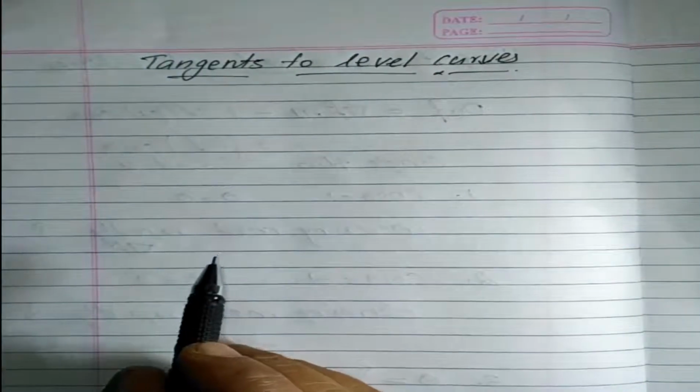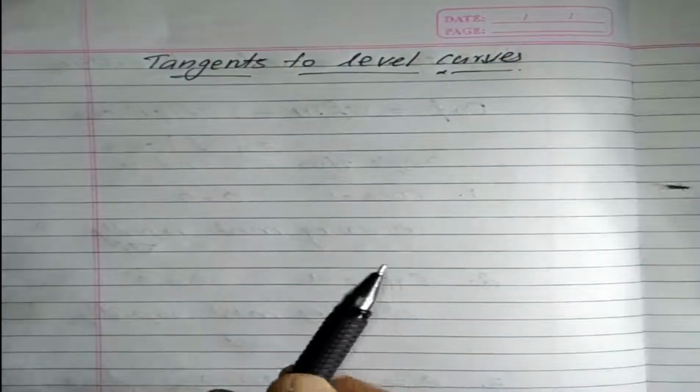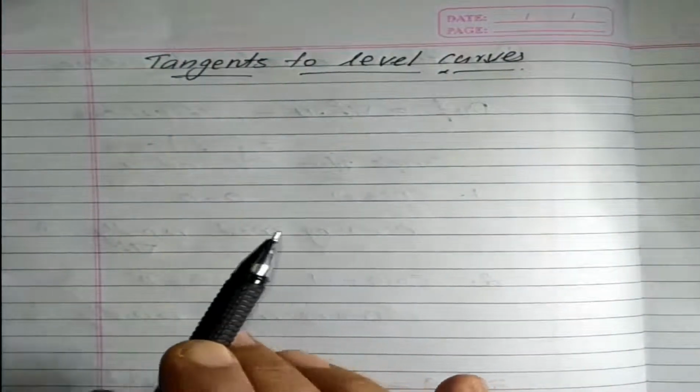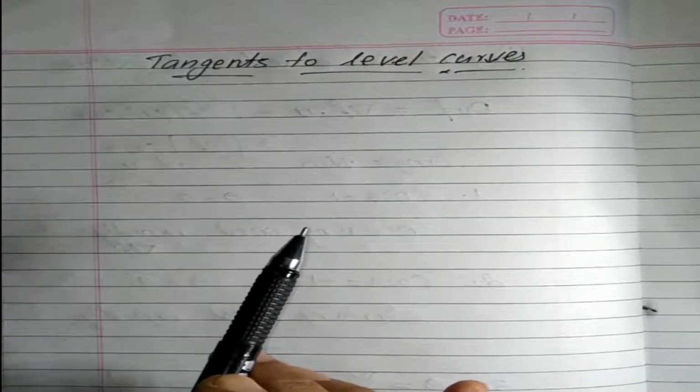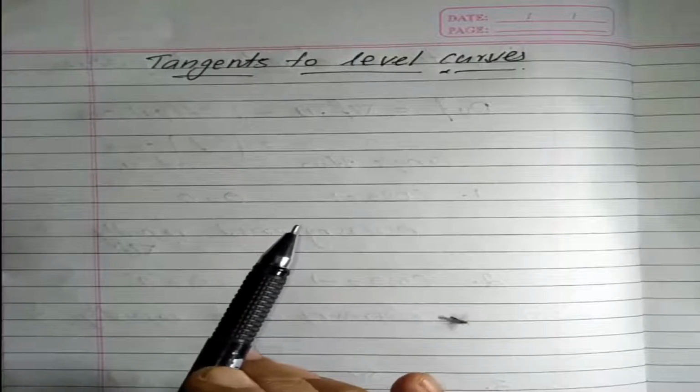Hi learners. Today we are going to discuss the topic tangent to level curves. Everyone knows tangent lines. Take a point (x, y) on the graph, and the curve has a tangent line there. Here we take f(x, y), a function of two variables x and y.